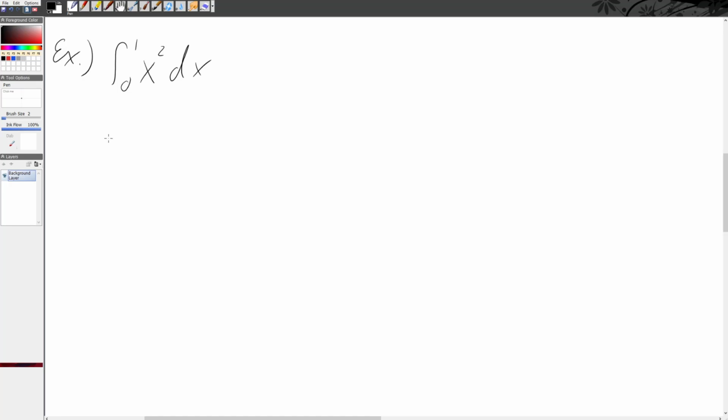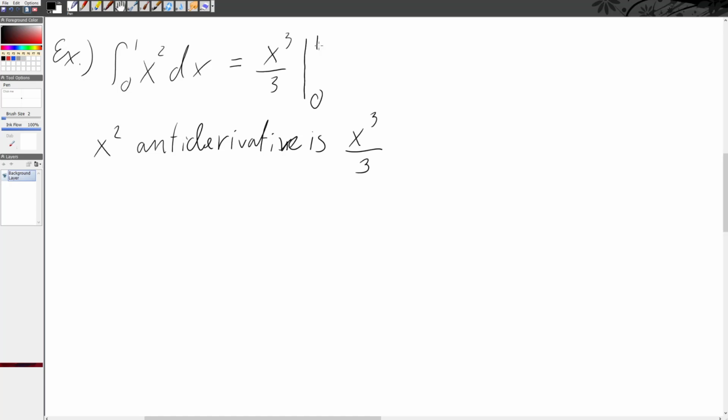Well, if you look back at 4.9, for the antiderivative of x squared, you add 1 to the exponent, and then you divide it by the new exponent. And so the integral of x squared from 0 to 1 is going to be x cubed over 3, evaluated from 0 to 1.